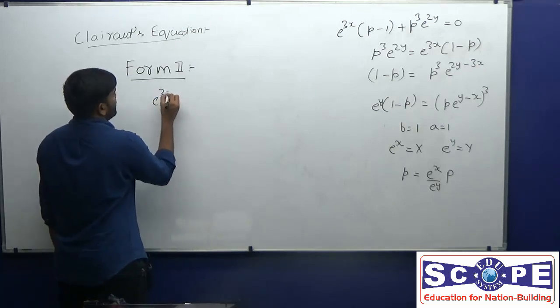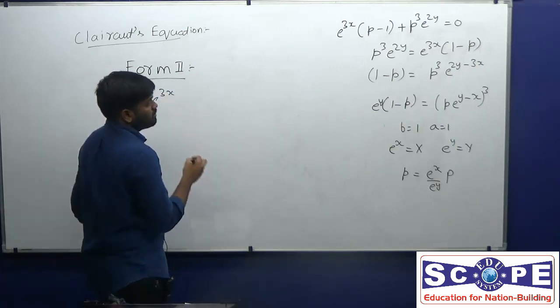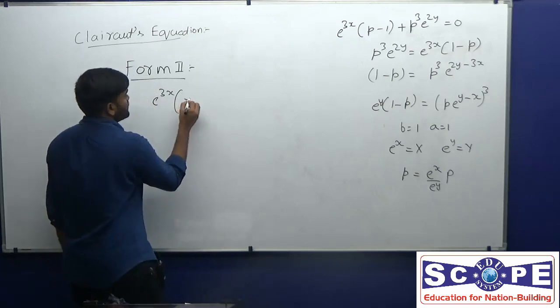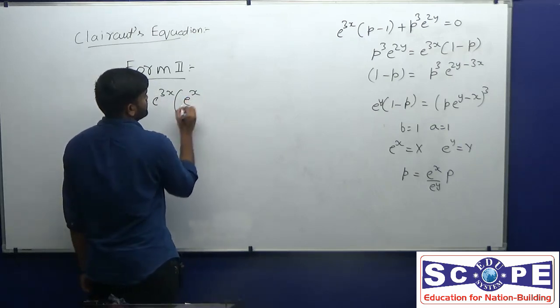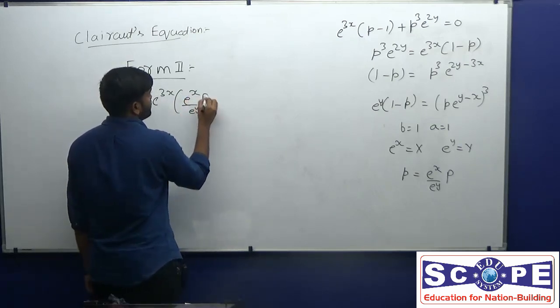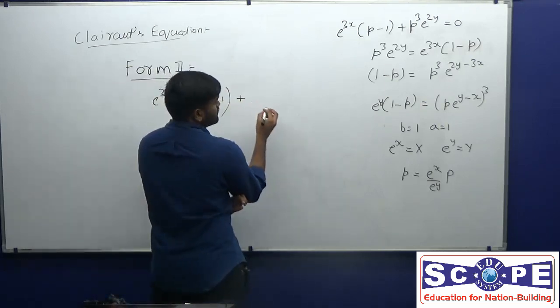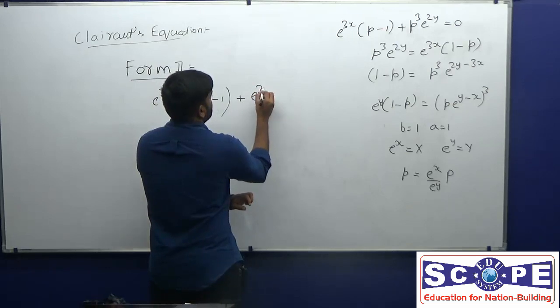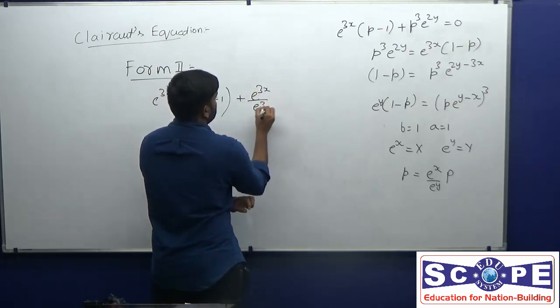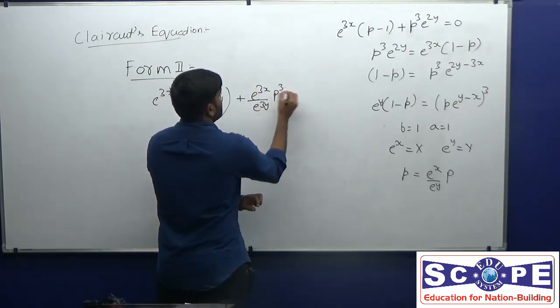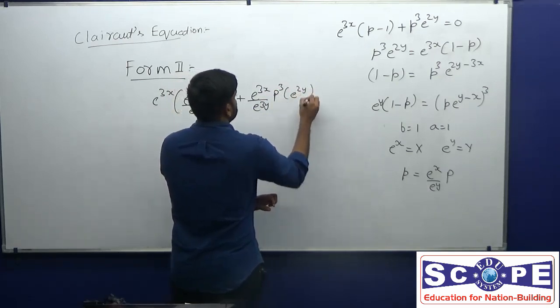So e power 3x into capital P is e power x by e power y capital P minus 1 plus e power 3x by e power 3y p cube into e power 2y equals 0.